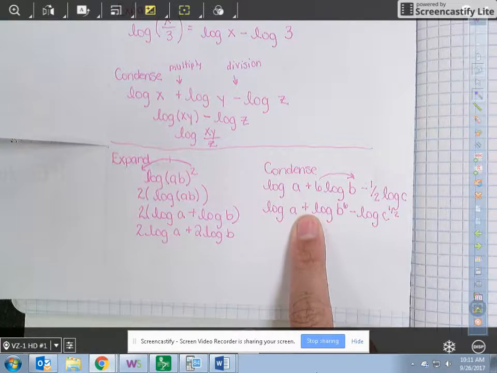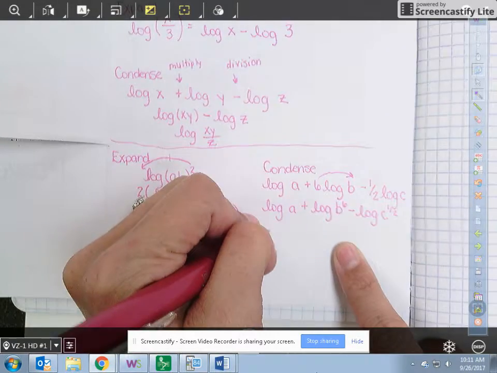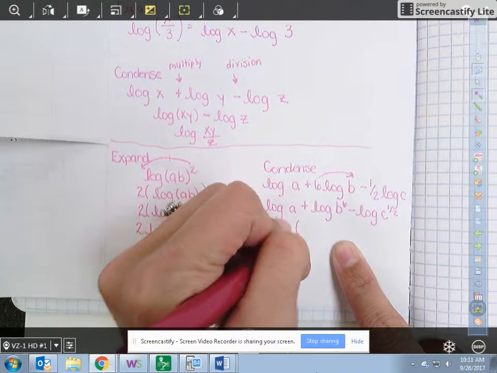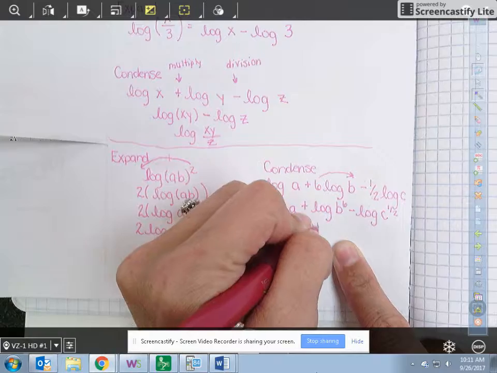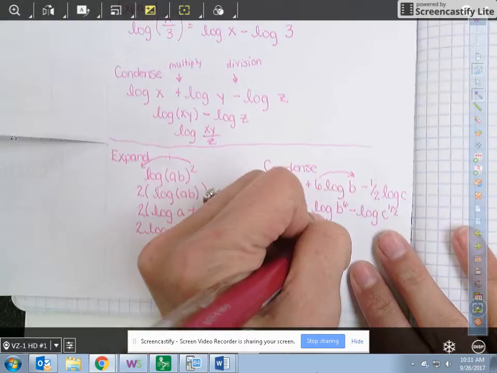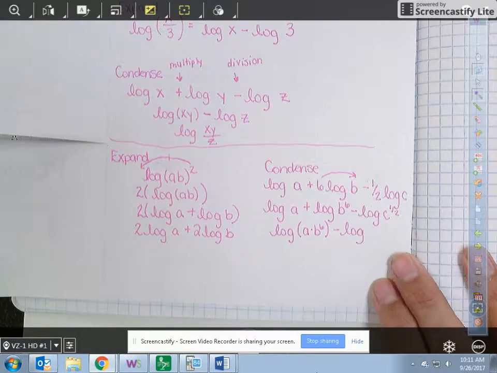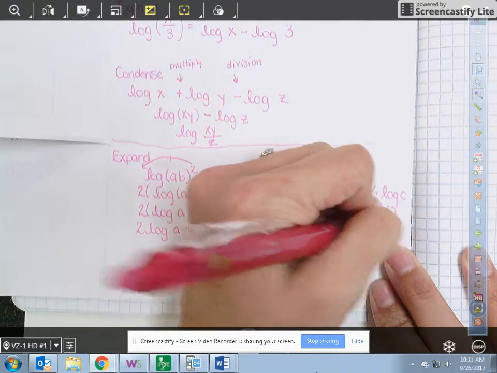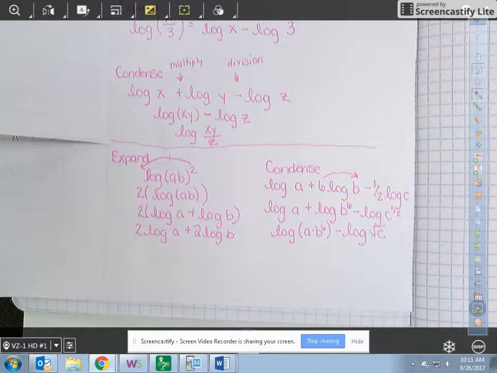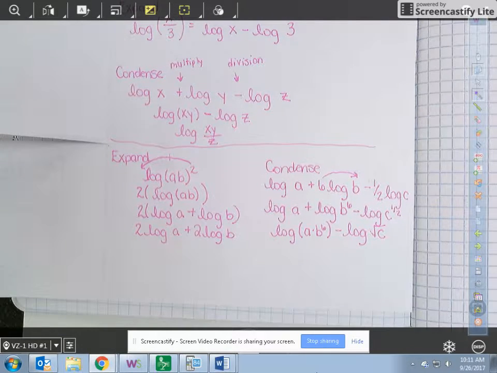All right, so addition means to multiply. So a times b to the 6th. Again, I'm doing this in multiple steps that you may or may not need, right? I'm going to change that to square root of c just so that you can see it and reference it.